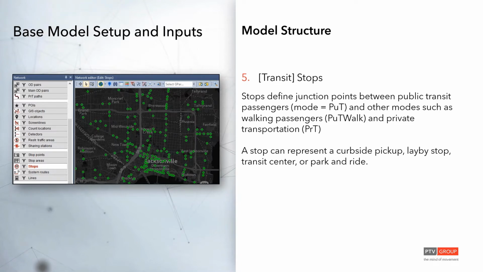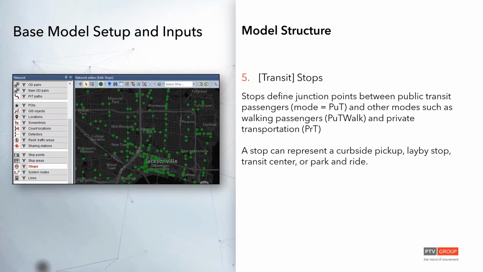So another element is transit stops. Transit stops are similar to nodes. They define a junction point or gateway points between the public transit network and other modes, such as walk access to transit or drive access to transit.